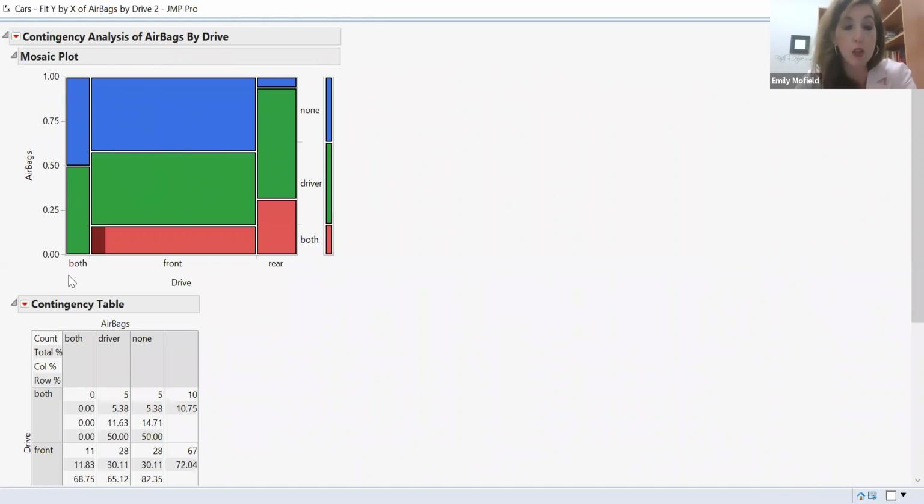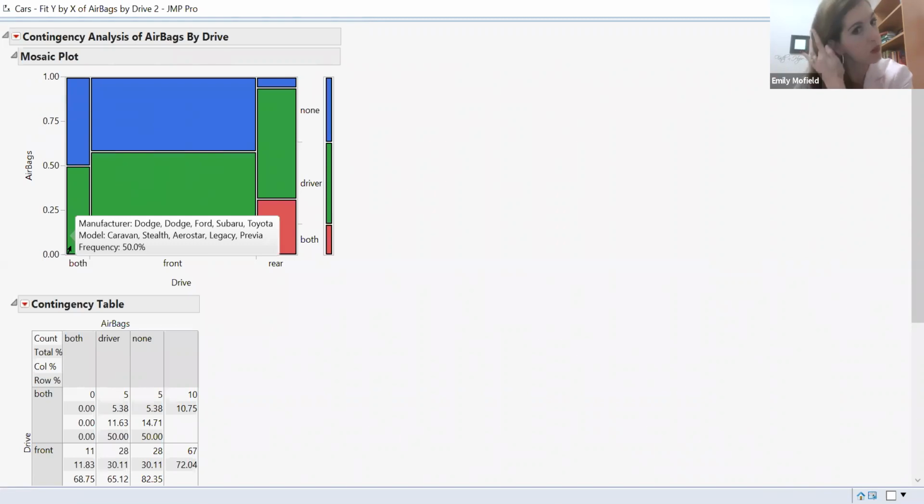Now for cars who have both rear wheel and front wheel drive, it looks like none of those cars have both types of airbags. Is that right?